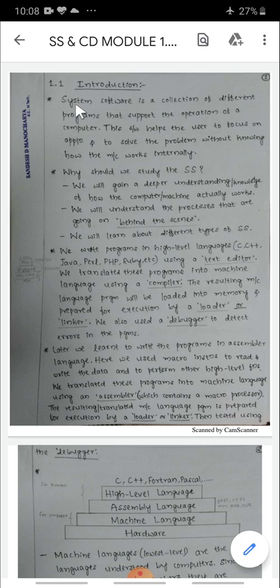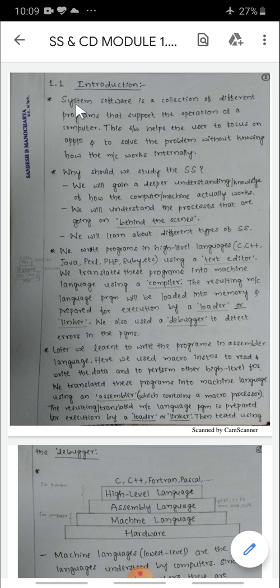Why should we study system software? We will clearly get the knowledge and understanding of how a computer actually works internally.